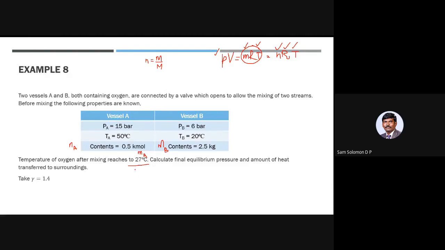Now that you have found the total volume of oxygen, the total mass of oxygen, and the final temperature of oxygen is also given in the problem, it is possible to find out the value of R using Ru by the molecular mass of oxygen.